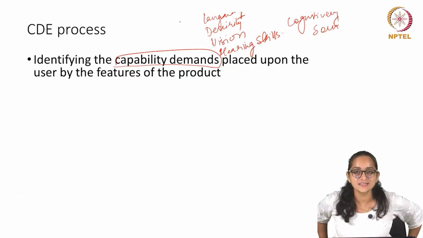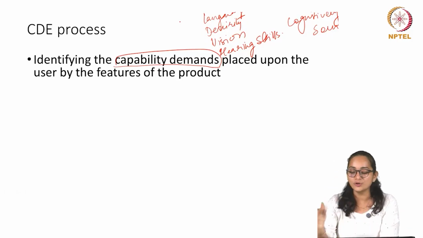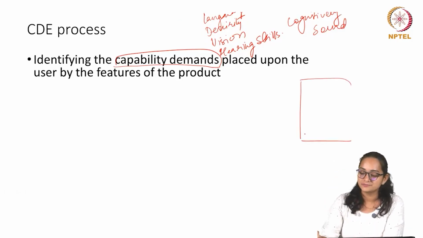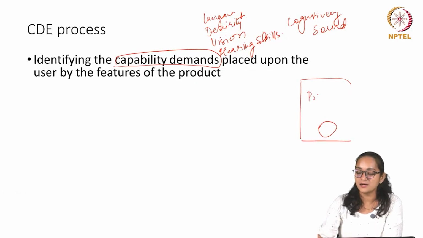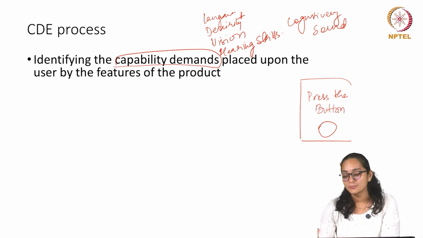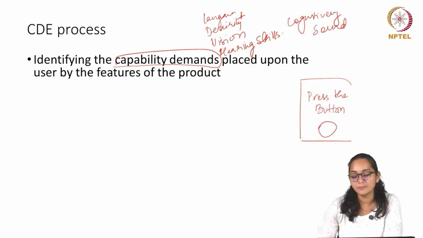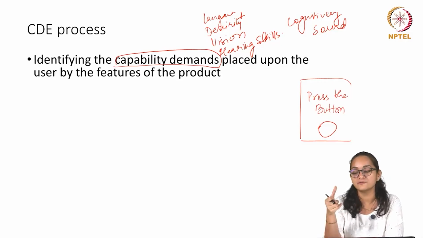So even if it is a basic interface which has a red button, it says press the button, right? That is it. It is as simple. But what it is still demanding is that you are able to see where the button is, you are able to navigate your finger to it, you are able to lift your thumb and press it.